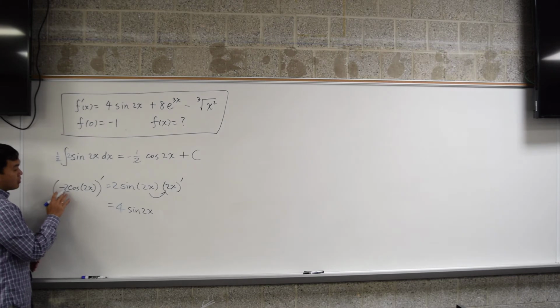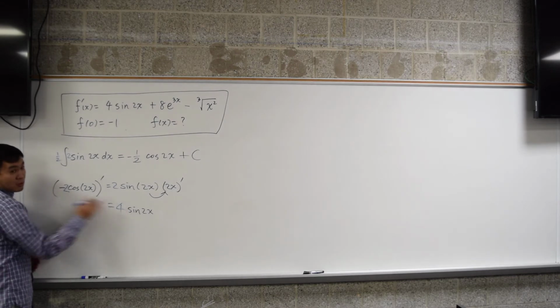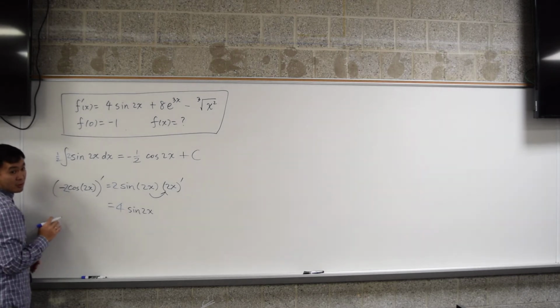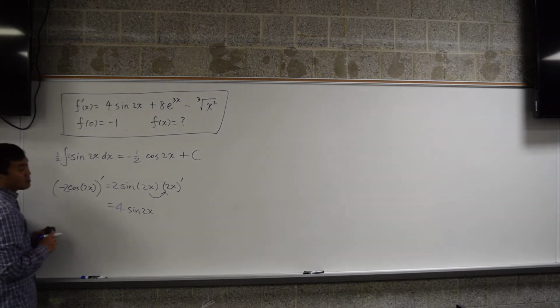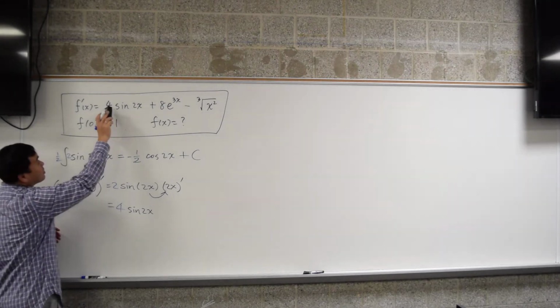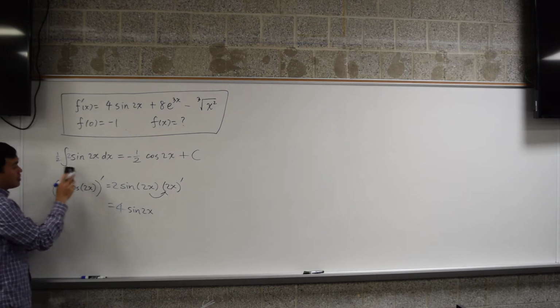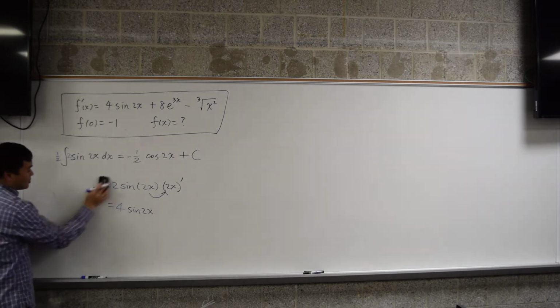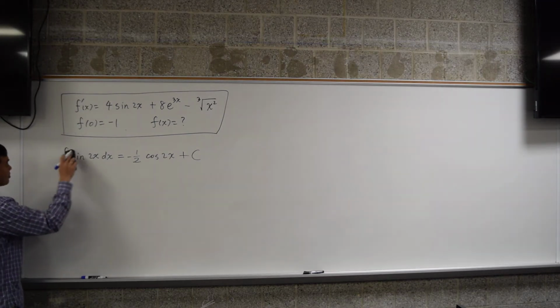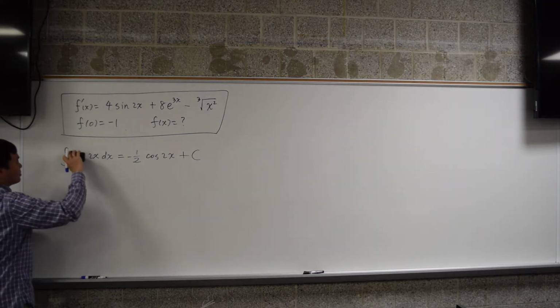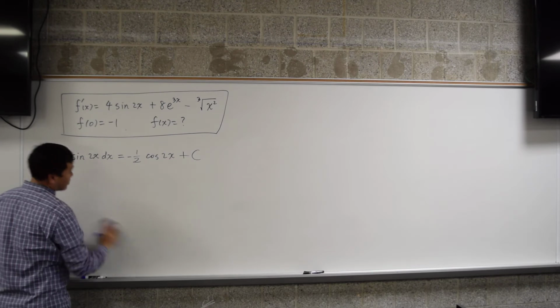And therefore, this is not the antiderivative of this. Do we want that though? It's 4 sine 2x. Oh, okay. So we were talking about different things. Okay, yeah, right, exactly. If there is 4 already, then, yeah, I was about to get there.